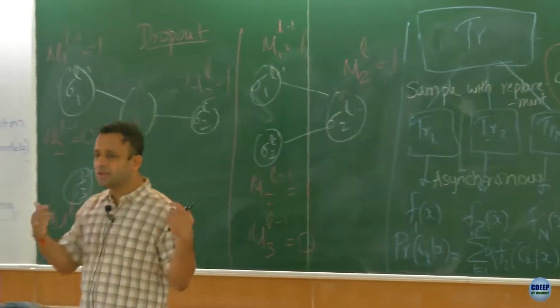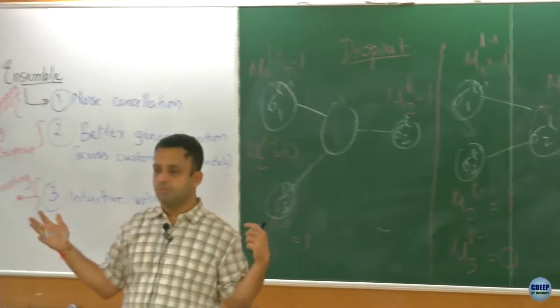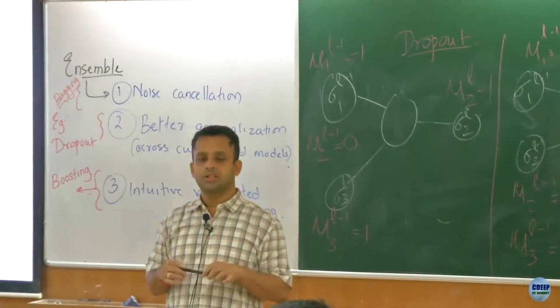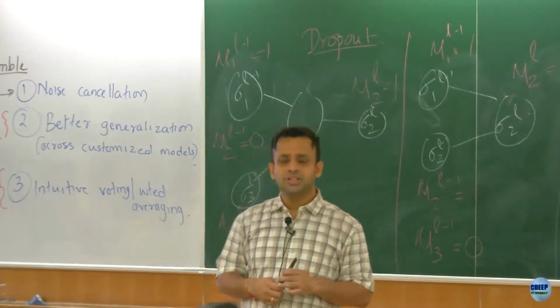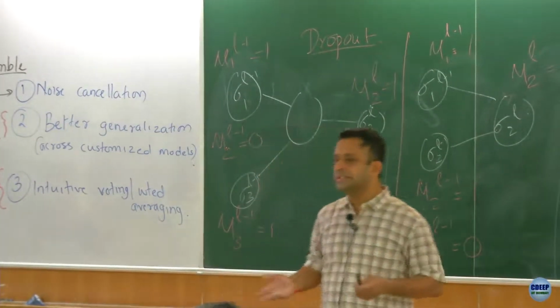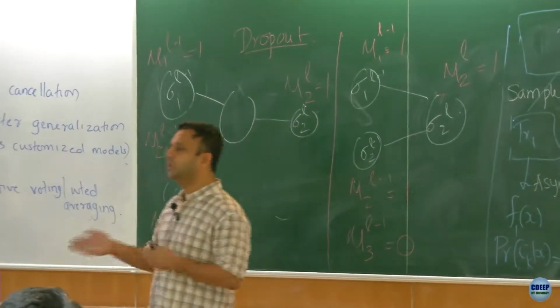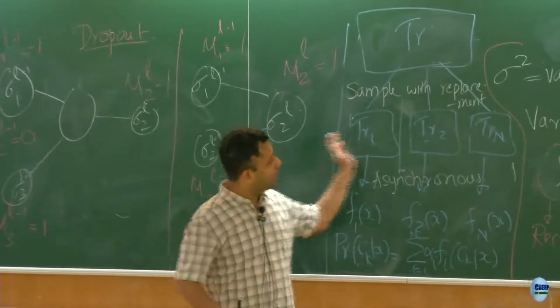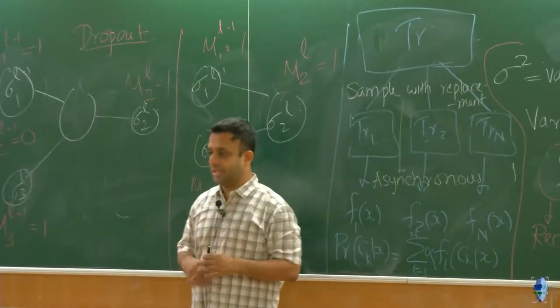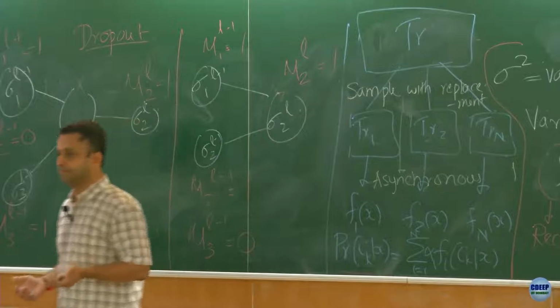Have you come across asynchronous in any of your courses? Theory of computation? No. So you can basically have these models in parallel without need to talk to each other. But what if you allow these models to talk to each other, even in the process of their building?